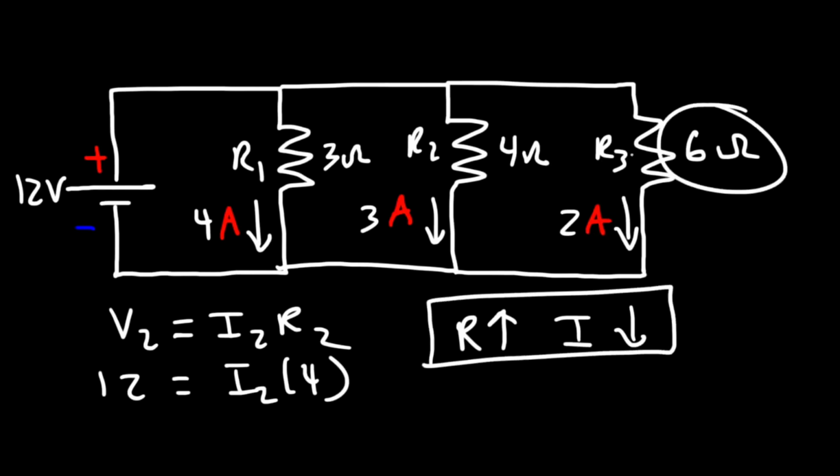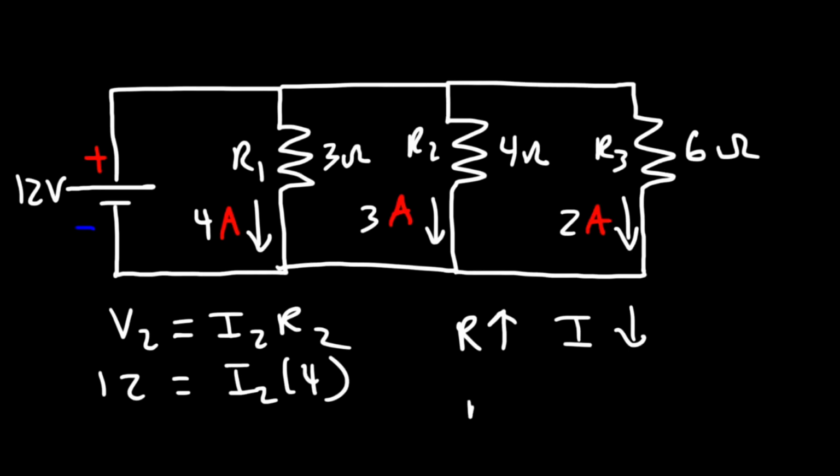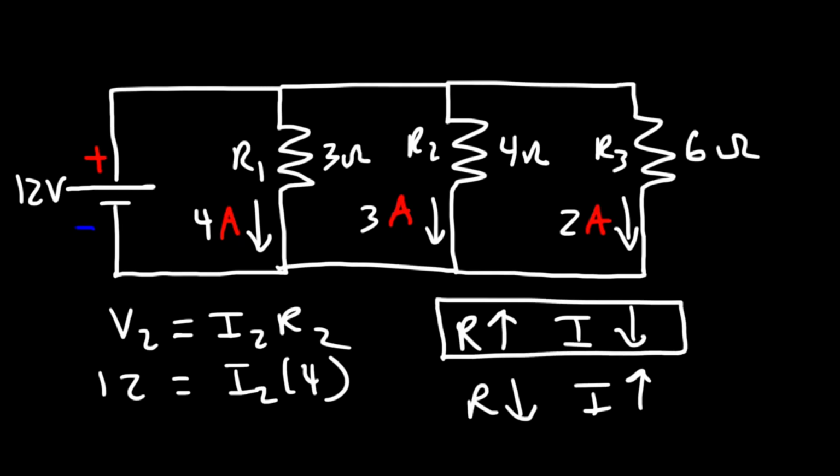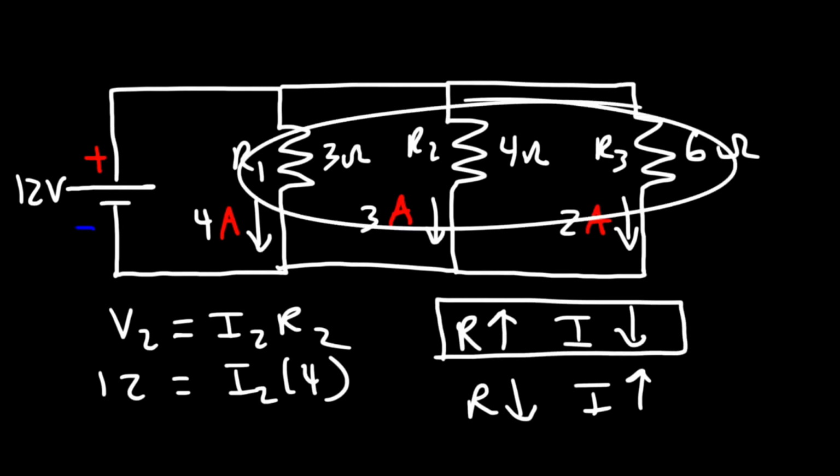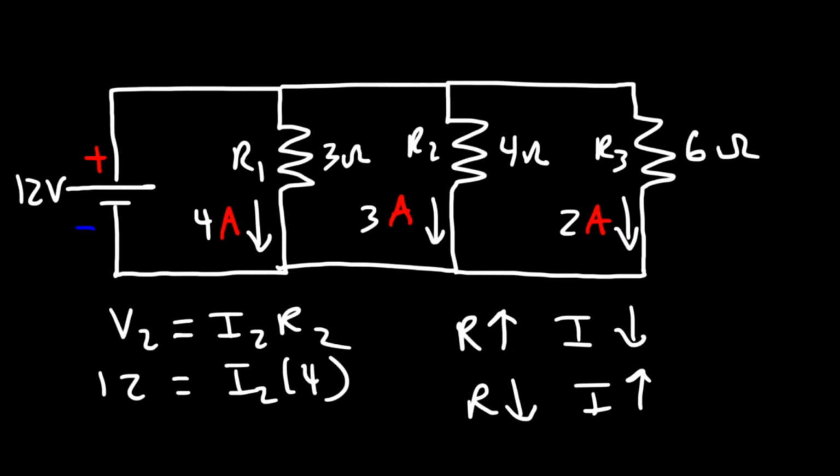If we increase it to 6, the current decreases to 2. If we decrease the resistance, the current will increase. If we decrease it to 3, the current goes up to 4, provided that the voltage is held constant. And you'll see this relationship in a parallel circuit, as you can see here, or in a series circuit too.